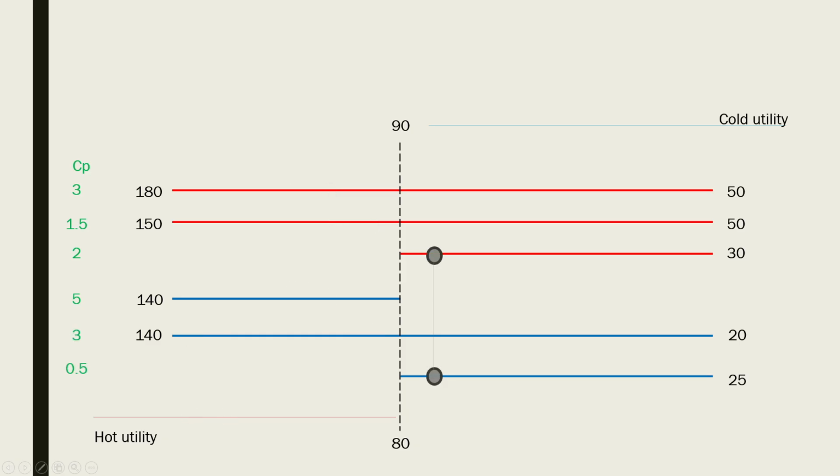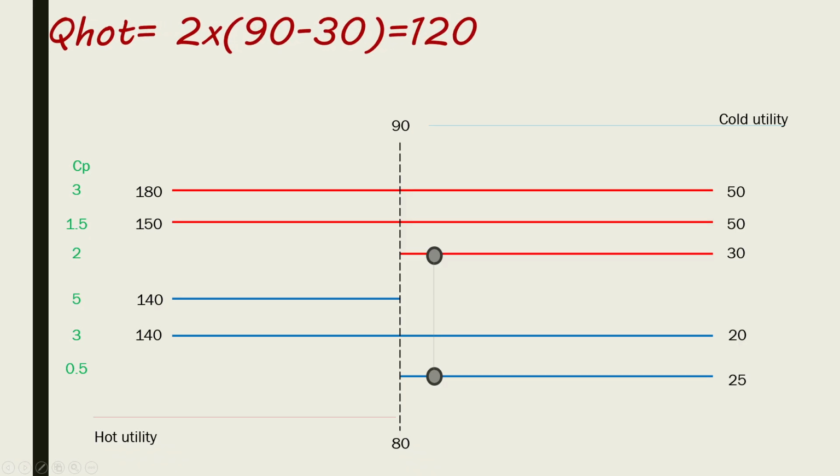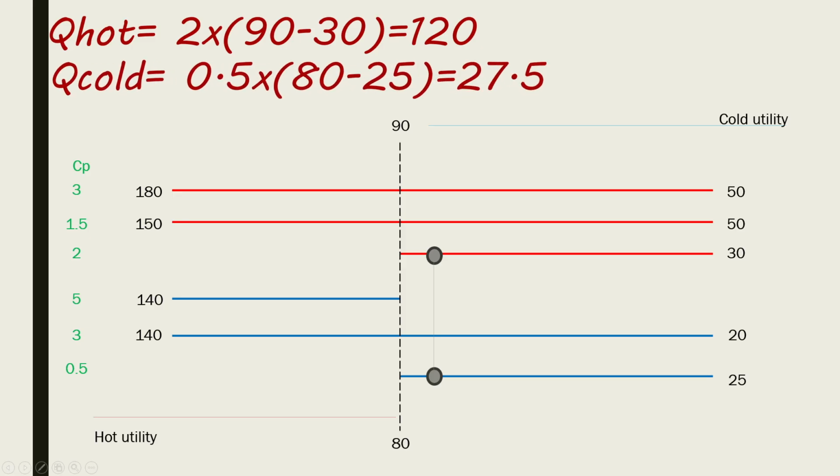Now repeat the procedure. Calculate Q hot and Q cold. Q hot is going to be 2 multiplied by 90 minus 30, which gives us 120, and the Q cold is 0.5 multiplied by 80 minus 25, which gives us 27.5. Now, the cold stream reached the desired temperature, and now we need to calculate the outlet temperature of the hot stream.